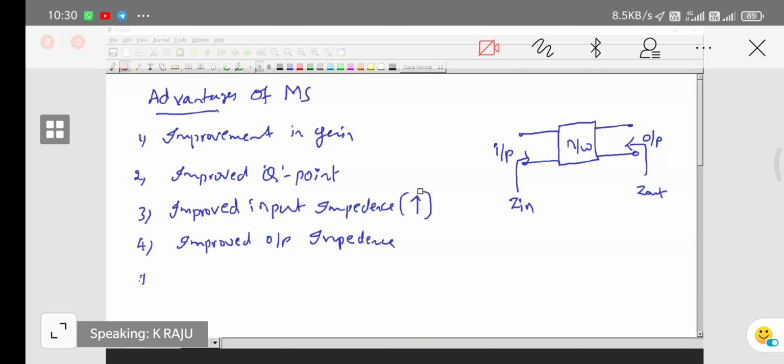So we have these three types of coupling circuits, and according to our syllabus, we are going to discuss the direct coupled multi-stage amplifier as well as the RC coupled multi-stage amplifier.